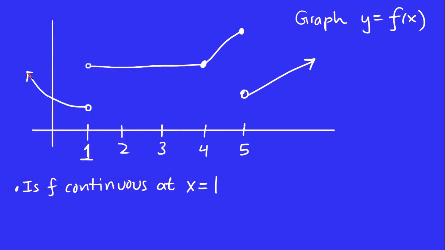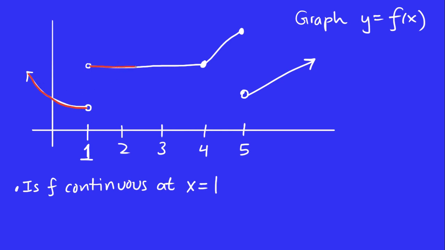If I trace this out, I'm not lifting my pen from the canvas here. But right here at 1, notice I have to lift my pen to keep going. So just from that, I kind of have a feeling that this function has some kind of problem at 1. And formally, what that means is that it's not continuous there.